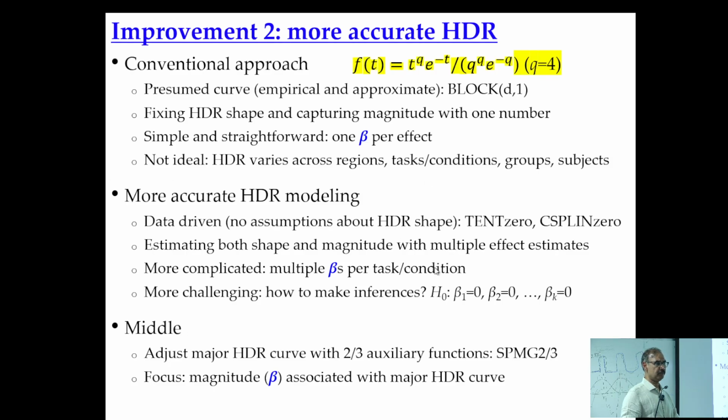This one is fairly straightforward because you only need one beta per effect, since that is a multiplication term that you have used. However, this is not always ideal because the hemodynamic response function changes across regions, groups and subjects.